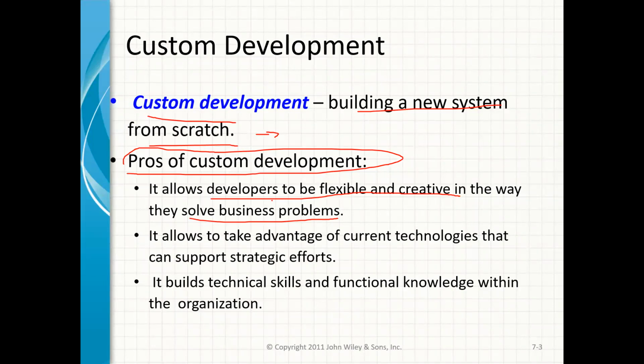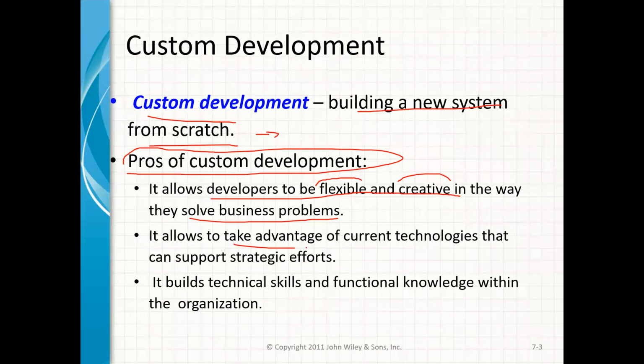Because it's already a solution used by many people. But if you have people developing it for you, you can tell them, I don't want the save button or icon to be like this. So the flexibility will be there, and the creativity. Creativity means you allow your developers to think, innovate and create something new.